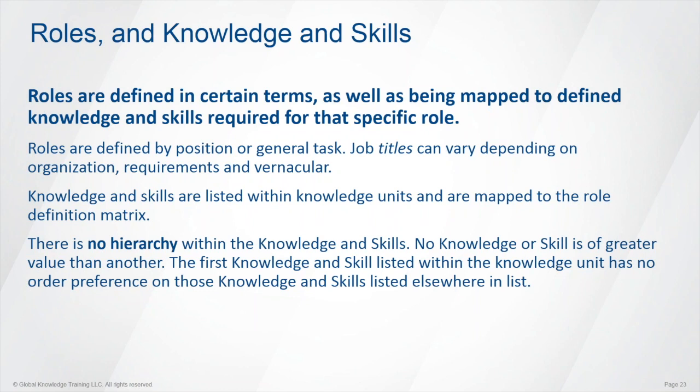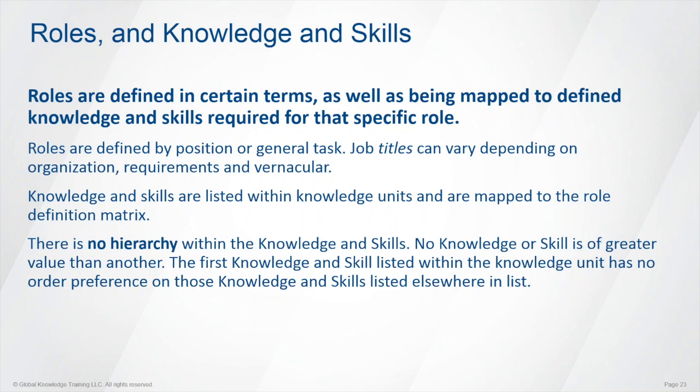Now, when you define that for a particular role, there isn't a hierarchy of knowledge and skills. Some people think some knowledge is more important than other knowledge. This doesn't try to define priority. It just says, here's the minimum level of knowledge and here's the minimum level of skill. You must have all this, ready to roll, to be in that role. Otherwise, you're not competent in that role. So we work through that kind of model.